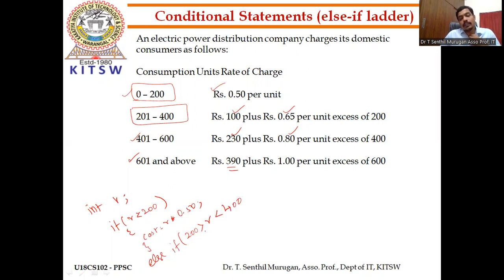So these two conditions I am writing. In a computer, you write the condition like this: R greater than 200 and R less than 400. If the condition is true, it will calculate this calculation. Like that it will go, one step at a time.